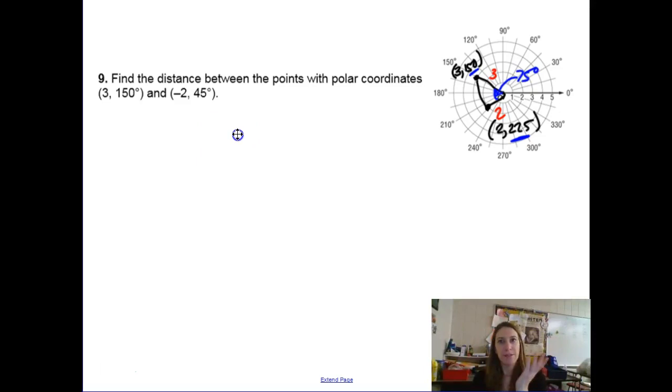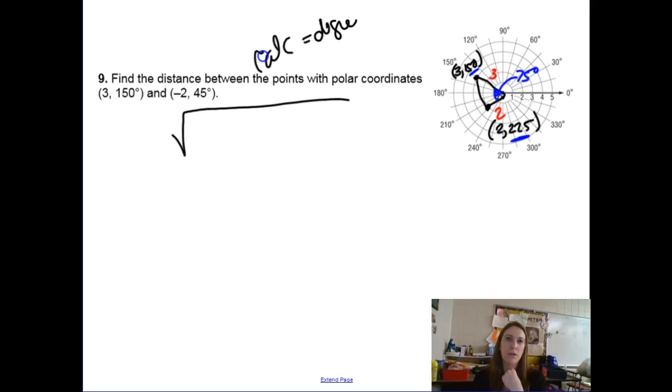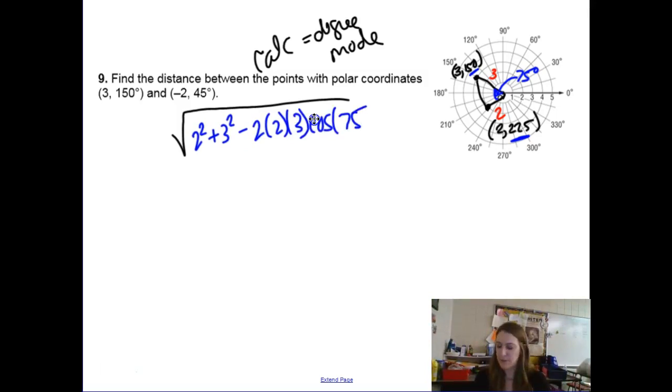So when I set up my essentially law of cosines question, this time make sure your calc is in degree mode. I know we've been in radian this whole time, but if you're typing this, you need to be in degree mode. So 2 squared plus 3 squared minus 2 times 3 times the cosine of 75. Square root it at the end if you haven't already done so, and it comes out to approximately 3.1. And they don't give me a label, so I'm just going to call it 3.1.